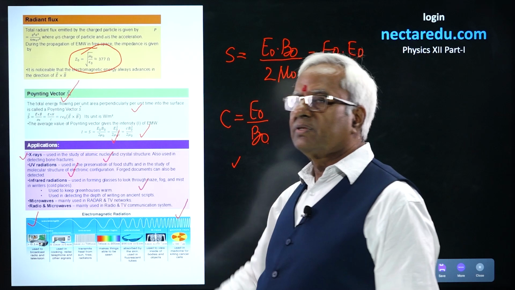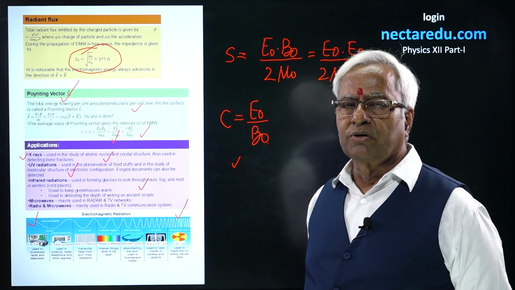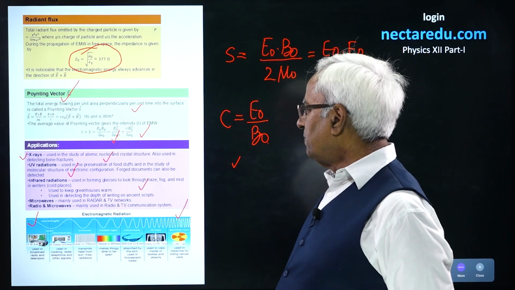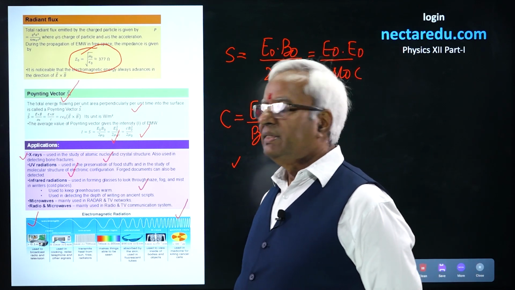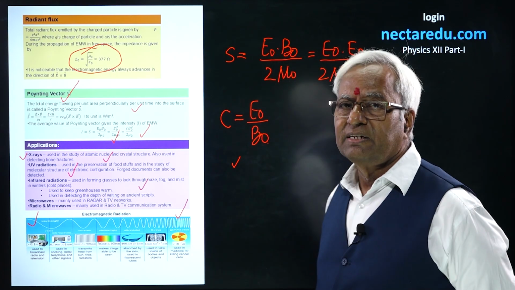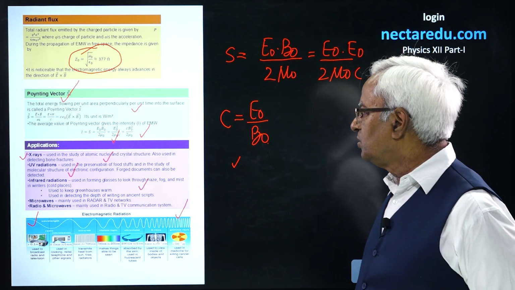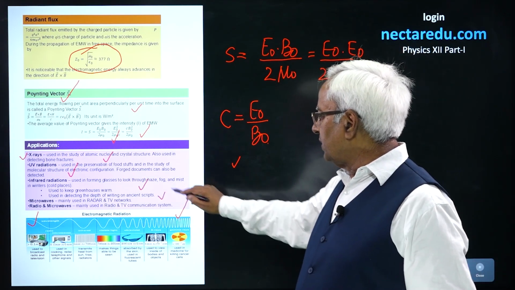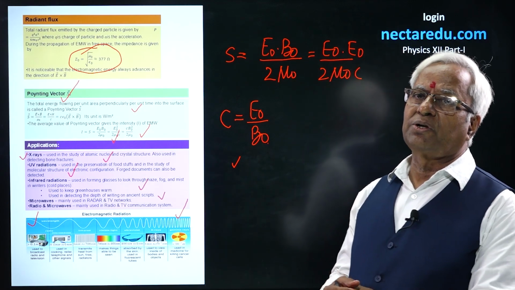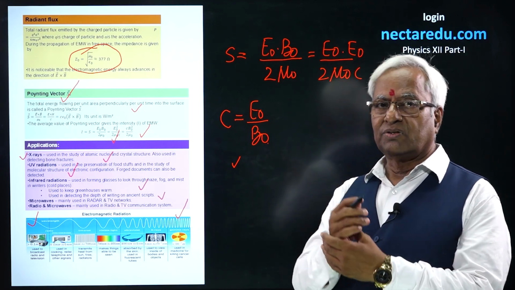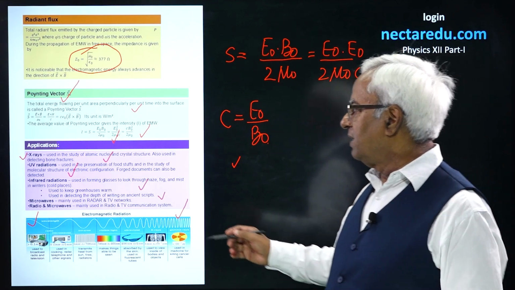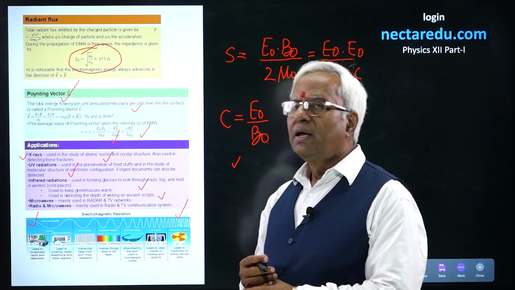Infrared radiations are especially known for their heating effect, but along with that, these are widely applied in maintaining the temperature of greenhouses and in detecting the writing of older scripts. Their depth could easily be detected with the help of infrared radiations.